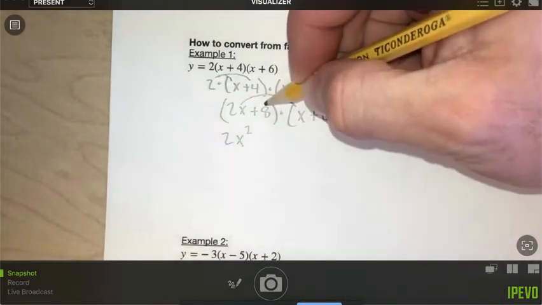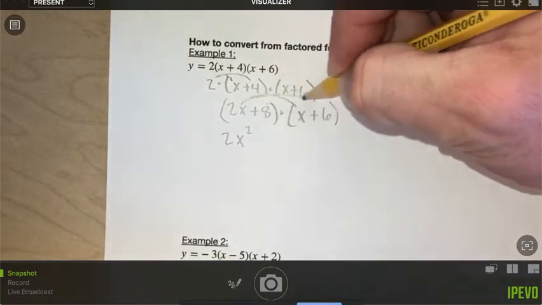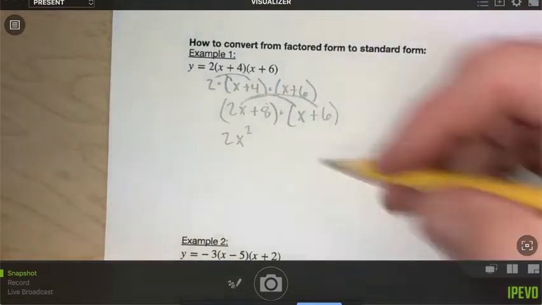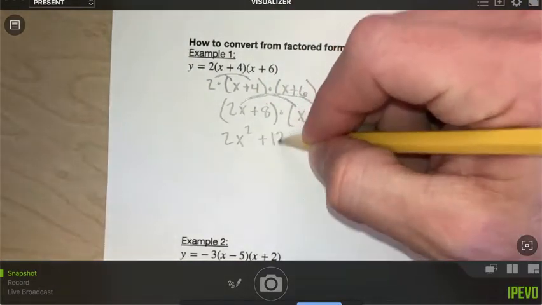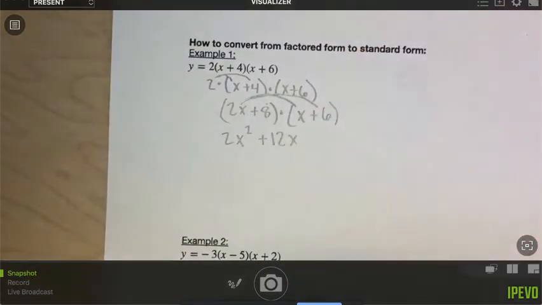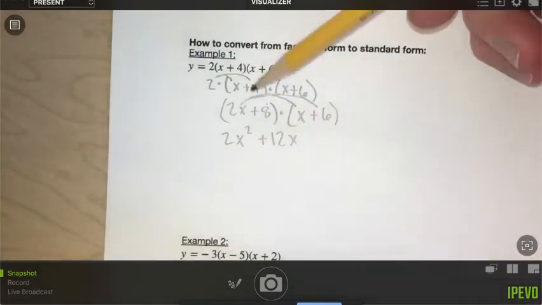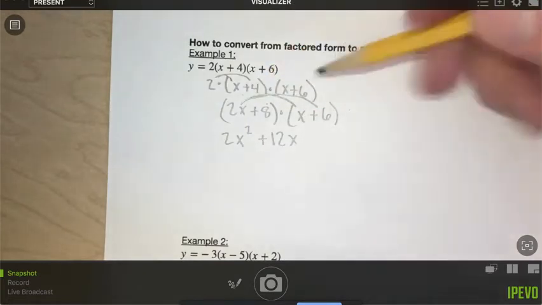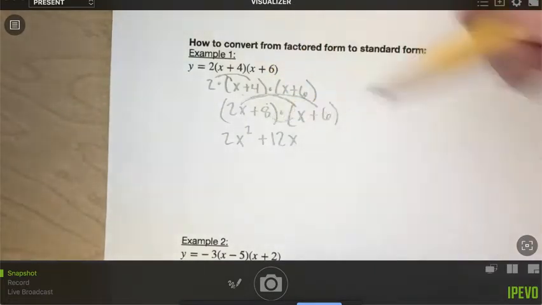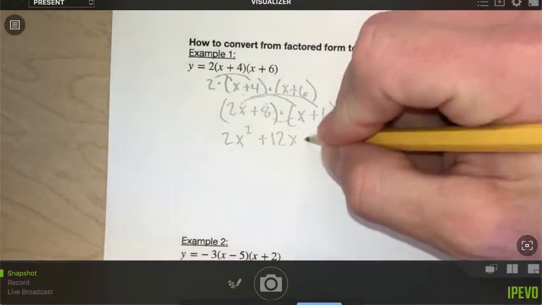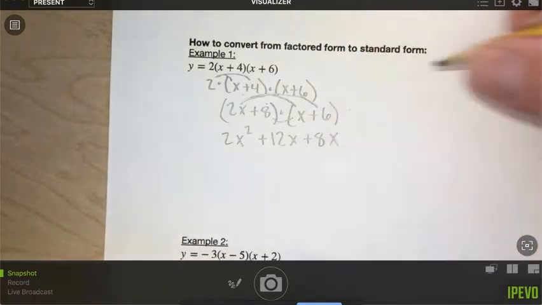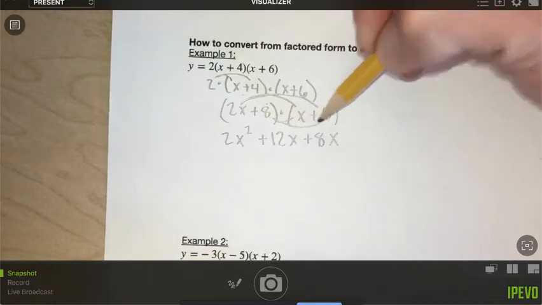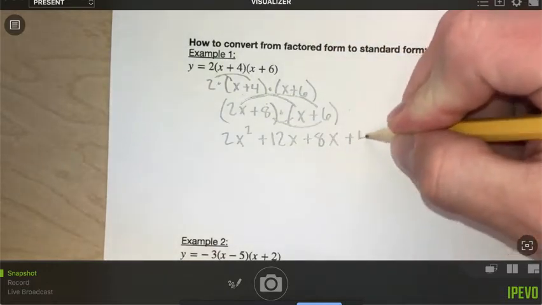And then I have to do 2x times 6, which will be plus 12x. So I've multiplied the first term by both things in the other set of parentheses. Now I got to do the same thing, but with the second term. So what's 8 times x? 8x. And then finally, what's 8 times 6? Turns out 48.